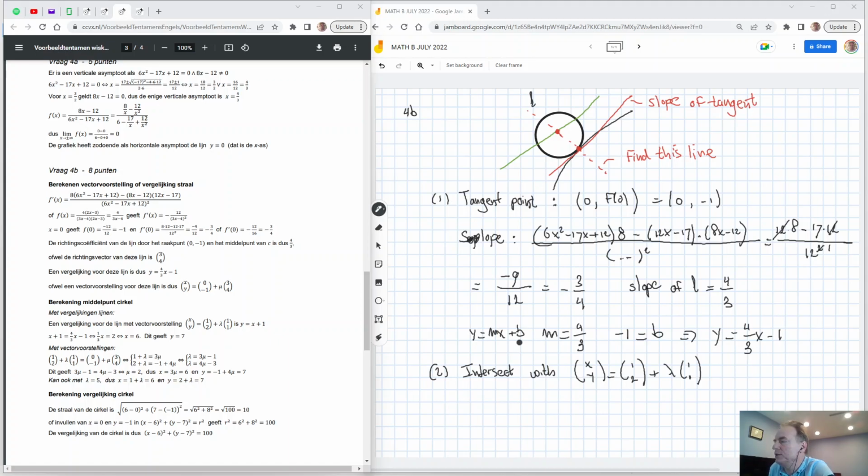So this means x is 1 plus lambda, and y is 2 plus lambda.